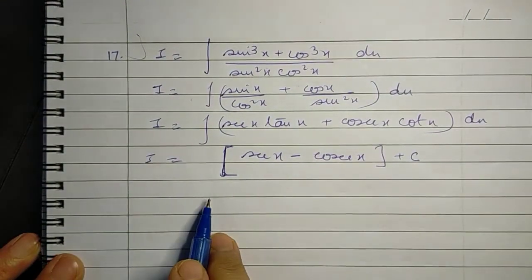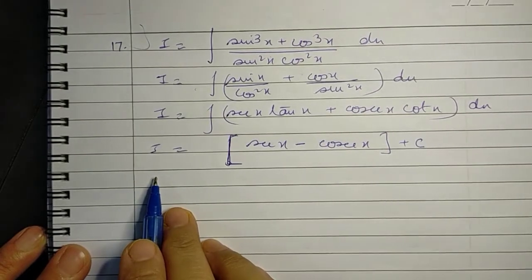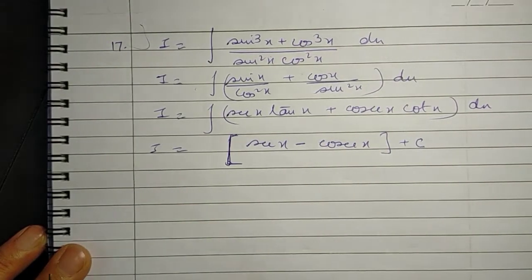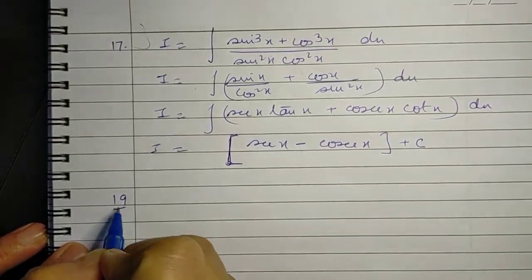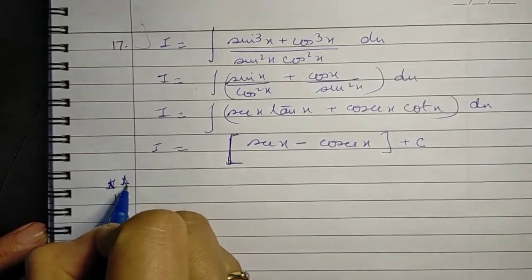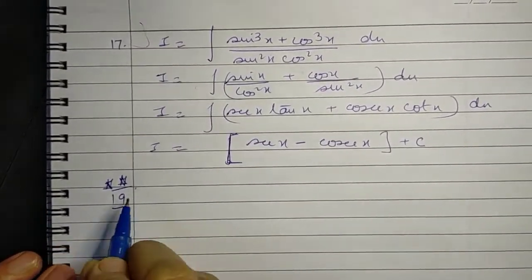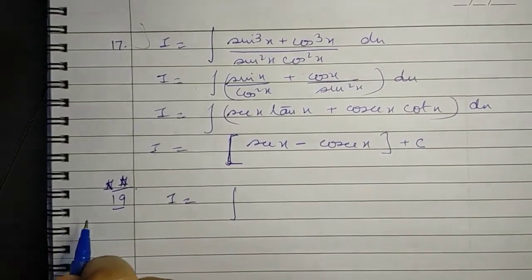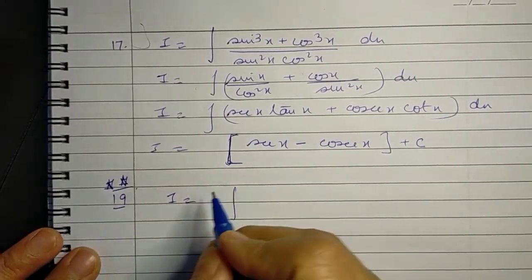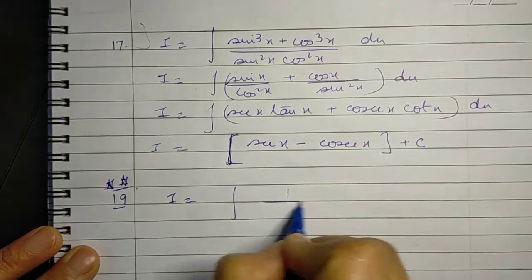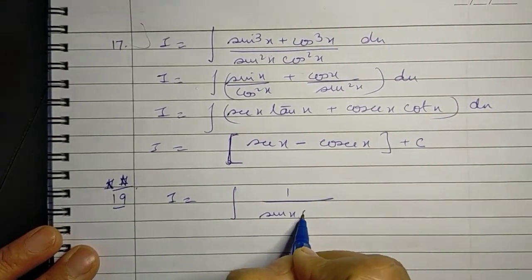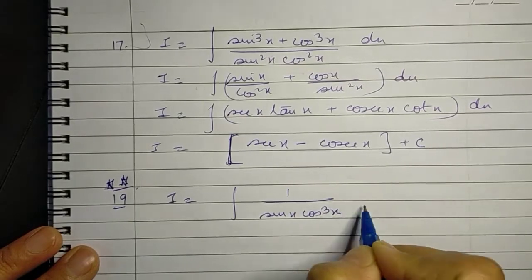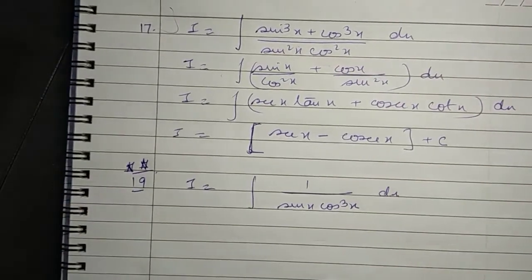Okay, now we come to the next question, question number 19, a very very important question. We have done a similar question as question number 32 of the previous exercise, which says integral of 1 upon sin x cos cube x dx.